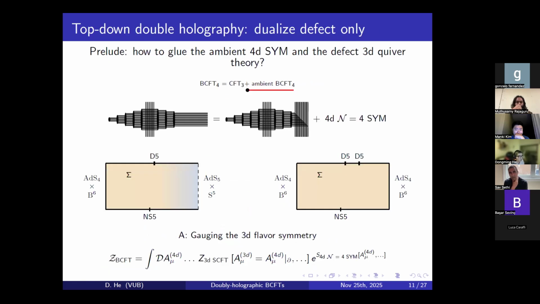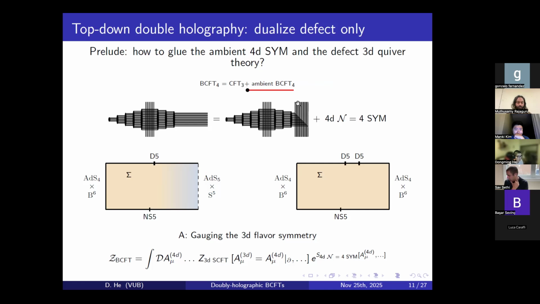Okay, now I have finished the AdS BCFT, and I will talk about how to construct a double holography from this system. So again, let's take a step back and look at this BCFT, where these are the semi-infinite D3 branes representing the 4D super Yang-Mills on half space, and this is the 3-dimensional superconformal theory, which can be engineered by gluing this pure 3-dimensional theory and the 4-dimensional super Yang-Mills by gauging the flavor symmetry, where the flavor symmetry is to terminate the D3 branes by some D5 branes.